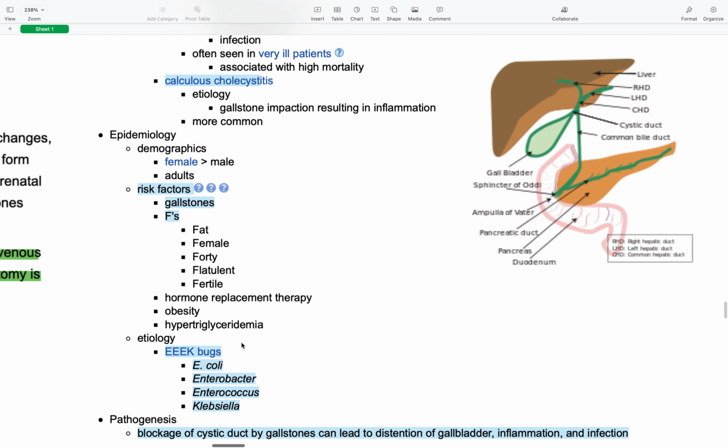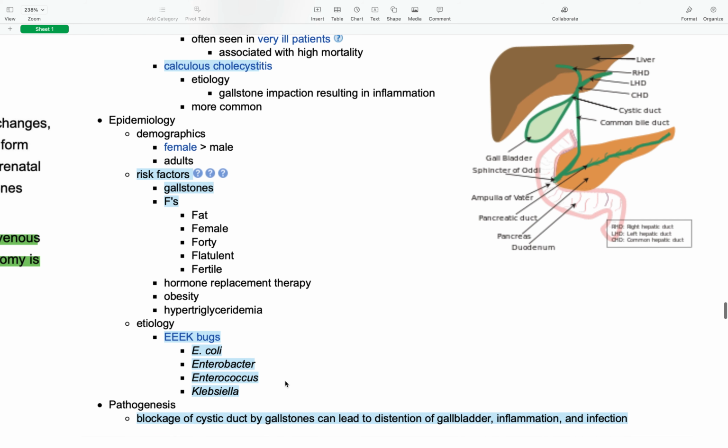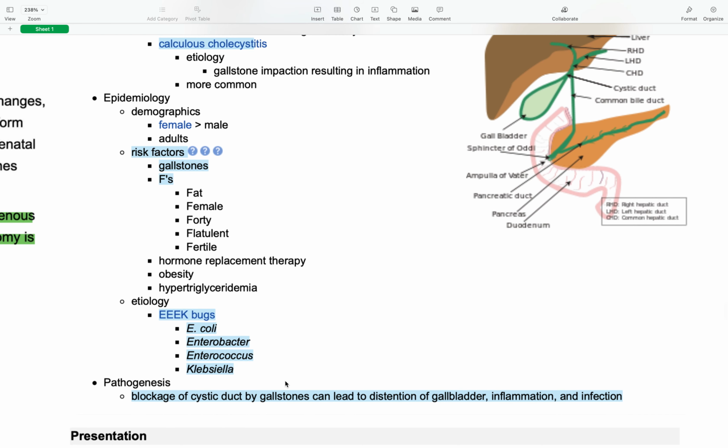Okay, now these impacted stones can also result in infection, and the common bugs associated with cholecystitis are E. coli, Enterobacter, Enterococcus, and Klebsiella. Okay, so EEEK bugs. These bugs can infect the gallbladder, and so you need to be specific when choosing your antibiotics against cholecystitis.